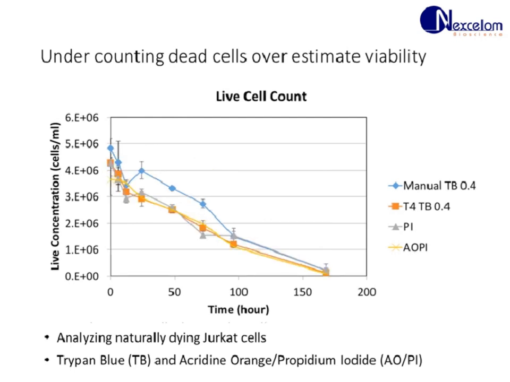Then we further examine the live cell count. Over time, both live count using Trypan blue and fluorescence dye decreased in that 168 hours, which makes sense. The number of live cells should drop.